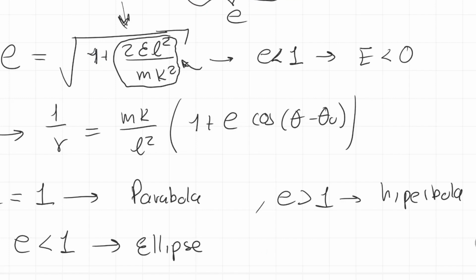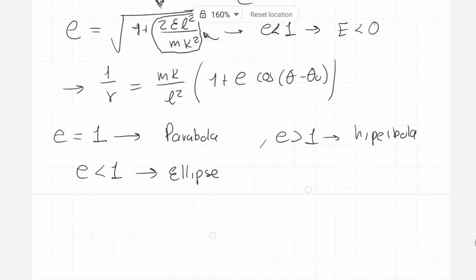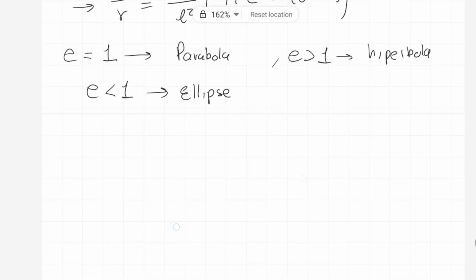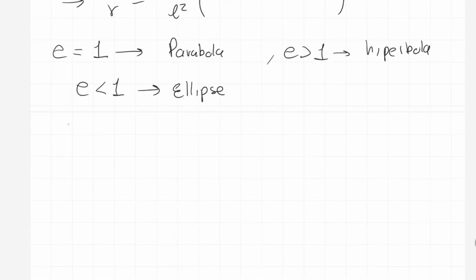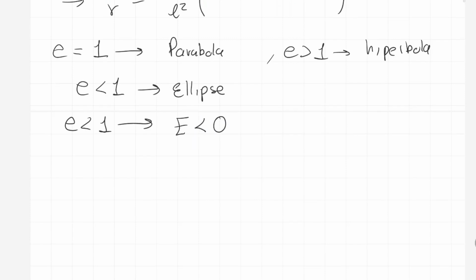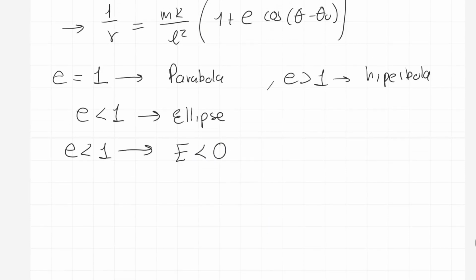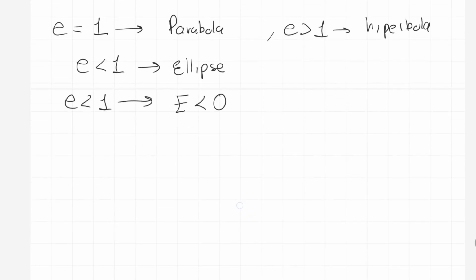And then the square root of a number that is less than 1 will also be a number that is less than 1. So that is a very important fact. Looking at the eccentricity being less than 1, that means that the energy is going to be less than 0.